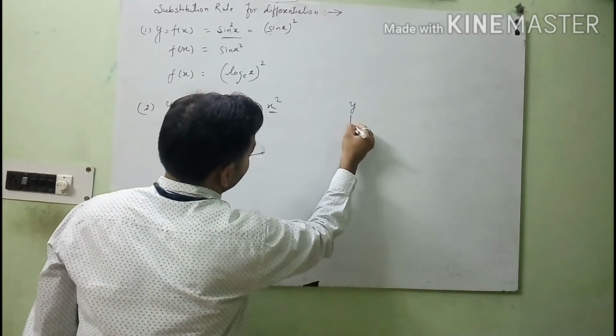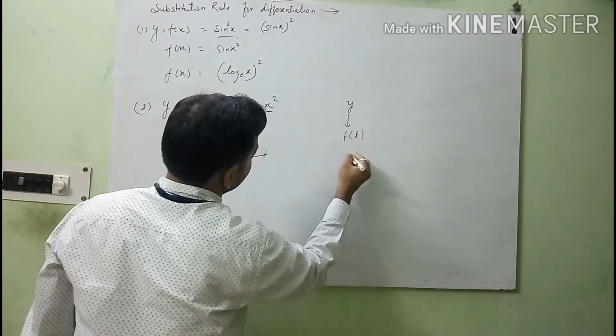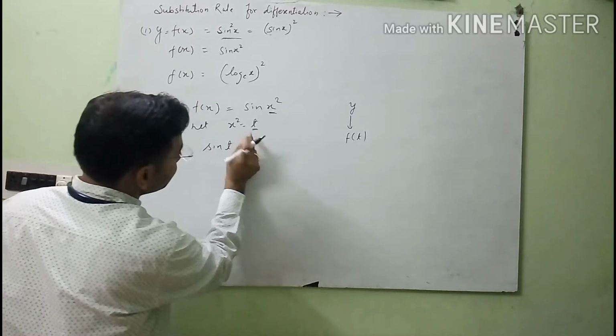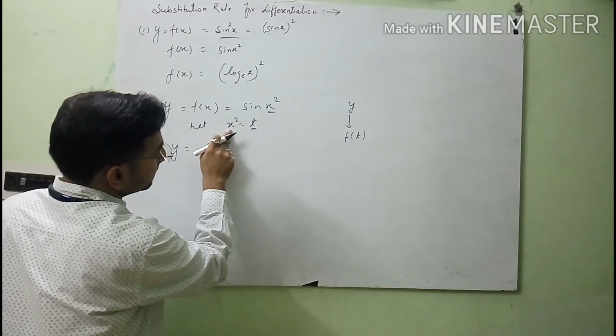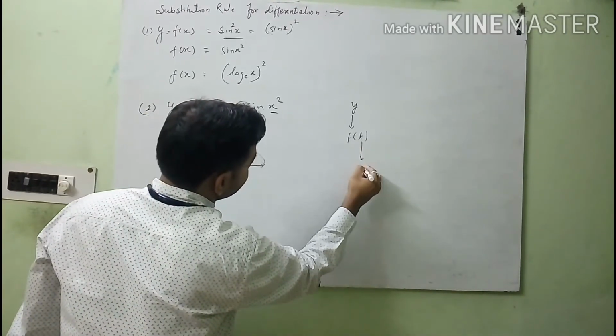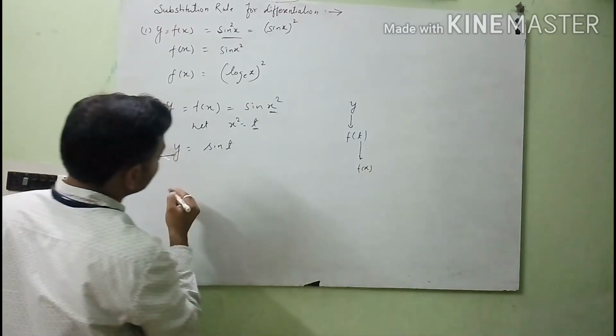Again, on the same pattern, we have y as a function of t, and you know that because t is equal to x square here, we can say that t is a function of x. So what you will do at first?